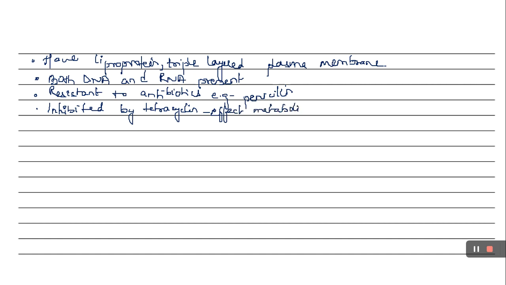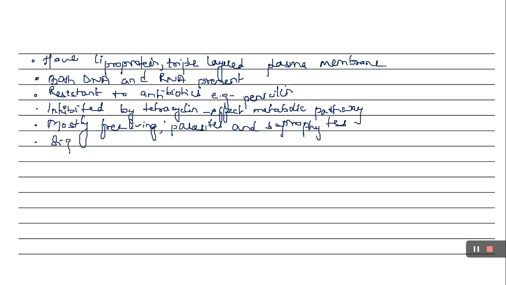That is why tetracycline can inhibit mycoplasma. They are mostly free living, parasites or saprophytes, and they are very small in size, around 30 nanometer to 0.2 micrometer in diameter.